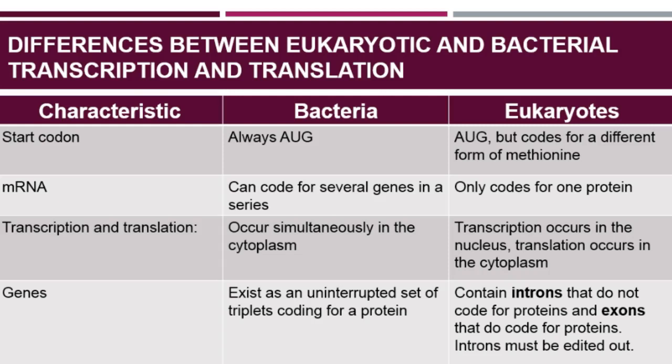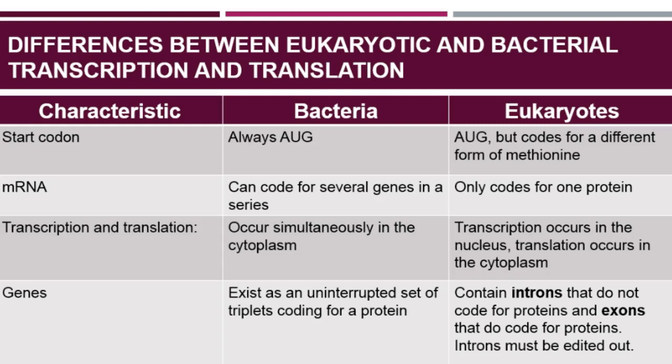However, eukaryotes contain things like introns and exons. Introns don't code for anything. It's inserted genetic material that does not have a function that we know of. Exons are the sections of DNA that have the instructions that code for specific proteins.